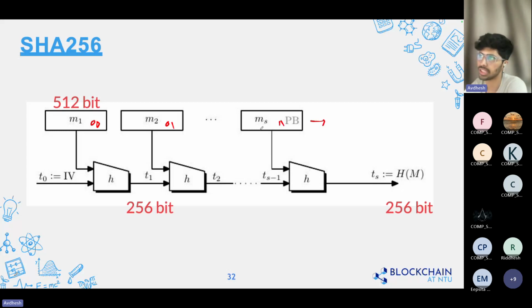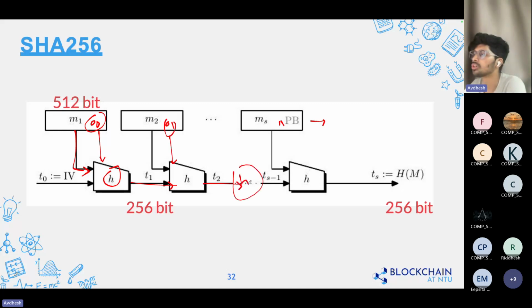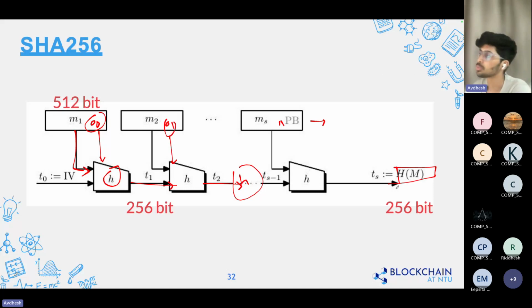All the messages will go through this algorithm, that is the hashing algorithm. As you can see, this bit has been hashed before this bit, and both of these bits are hashed by the next hashing function. So this is how SHA-256 works under the hood. And remember that the output is always 256 bits.